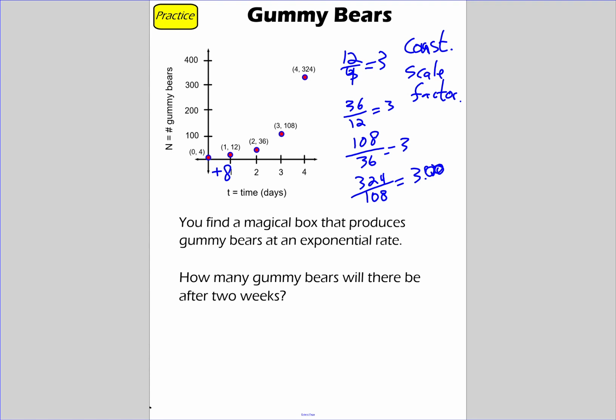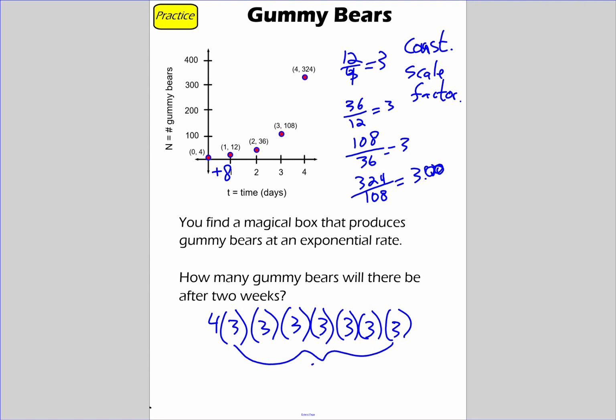Okay. So then now we want to answer our question of how many there will be after 2 weeks. So you keep going, we could just keep multiplying, but we could also just take a look at the pattern. We started with 4, and then we're going to multiply by 3 over and over and over, okay? And we're going to do this for 7 weeks, okay? Right?